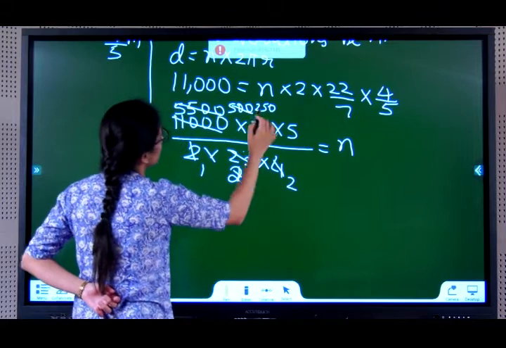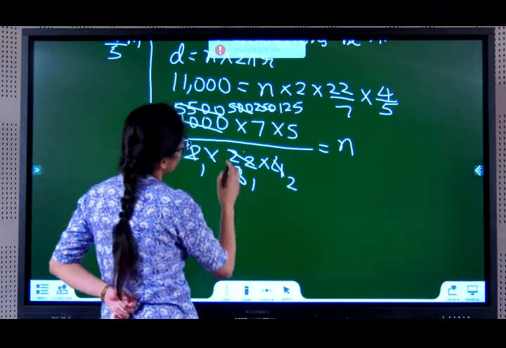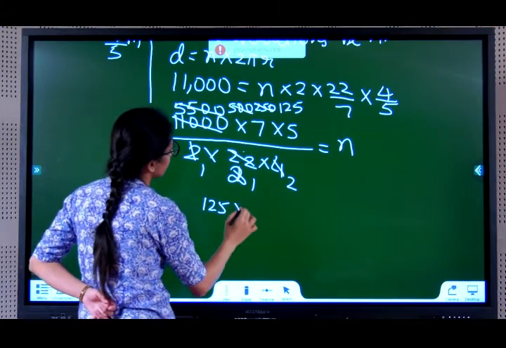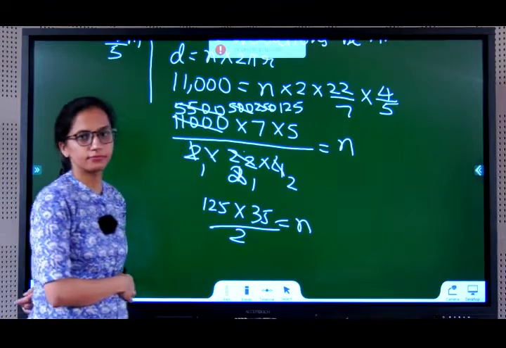Two 2s are 2, 125s are. So 125 into 35 by 2 is equal to n.